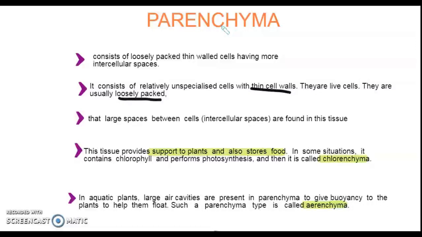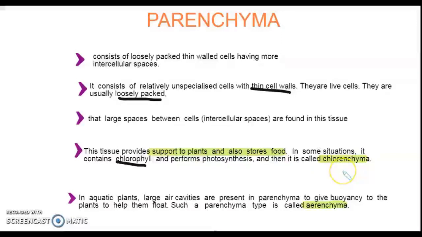So, the parenchyma cell that contains chlorophyll pigments are known as chlorenchyma.